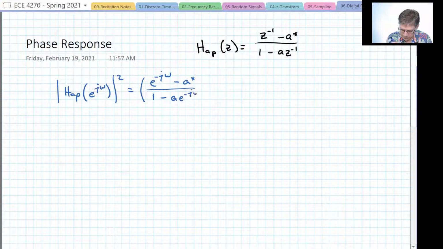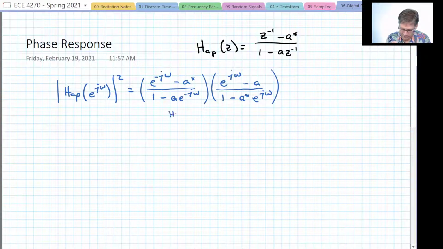As a reminder, if you have a function that involves maybe a nonlinear function of complex variables, how do you find its conjugate? You just go hunt down each one of those complex numbers and find the conjugate of those. That's all that's needed. So in this case we have H and H star, like so.